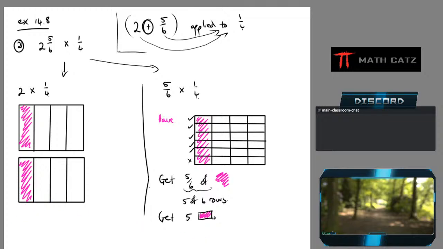But now I see that the left side pink pieces and the right side pink pieces, they're not the same. So putting them all together into a single answer is going to be a little problematic. And for that reason, I have to go to the left side and split them sideways into 6 slices as well.